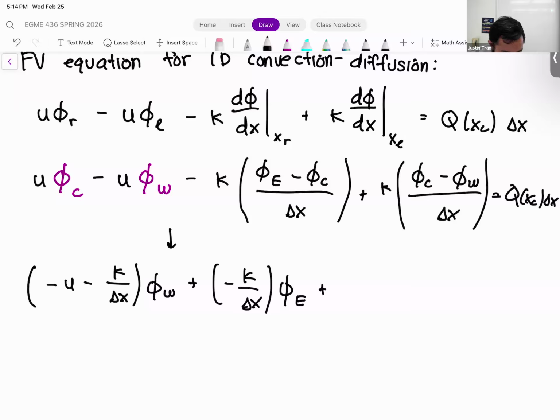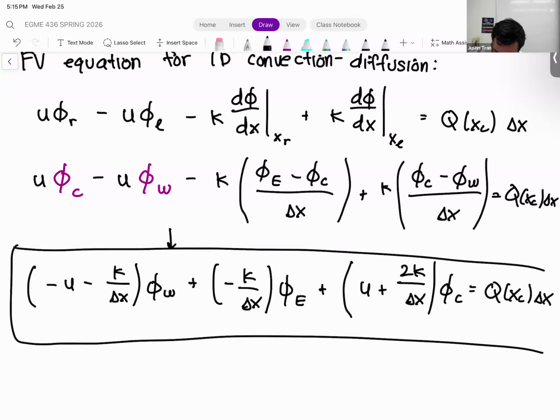You can see that we no longer have a velocity coefficient in front of phi sub e. That's been shifted over to phi sub c. And for phi sub c, we have u plus 2k over delta x, and all this is equal to q xc times delta x. So right here is our upwinding finite volume equation for u greater than 0.